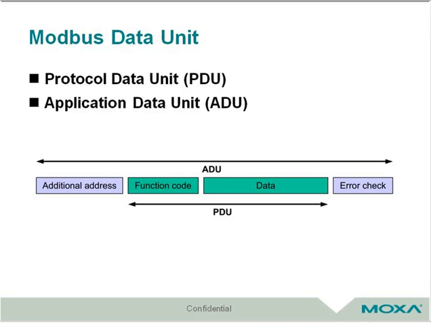With the address and error check, it is called the Application Data Unit, the ADU. For the following slides, before the second section, how Modbus works, we only talk about PDU. Since the second section, we will discuss the ADU.